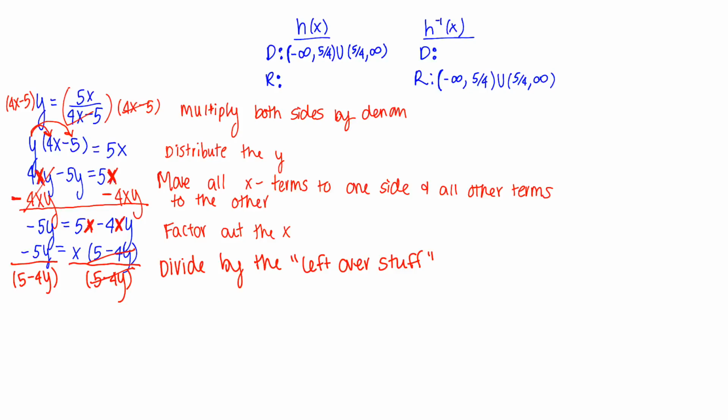You now have negative 5y over 5 minus 4y equal to x. And you just need to switch x and y.